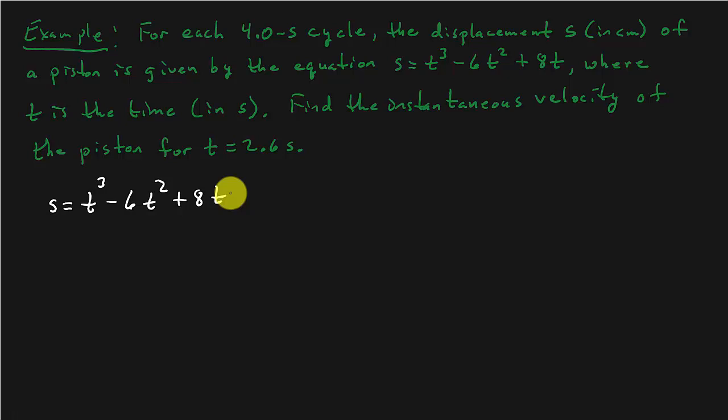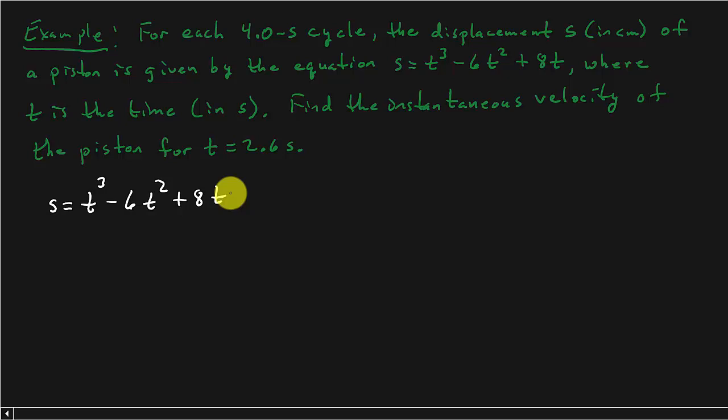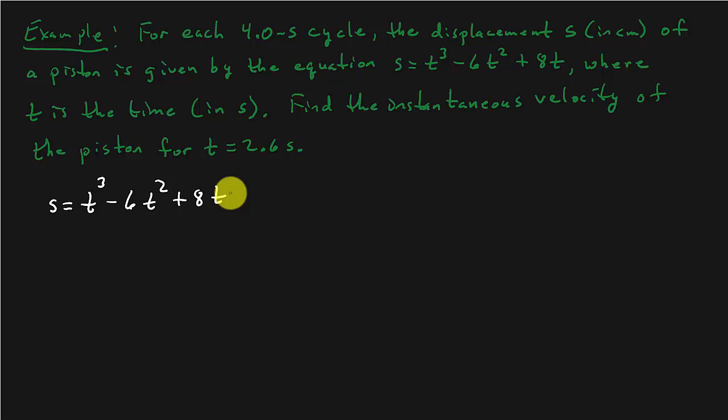Velocity. Think about driving down the road in a car. Your position is changing. How fast is your position changing? Well, that's the speed that you're driving, right? And that's velocity, the rate of change of your displacement function.